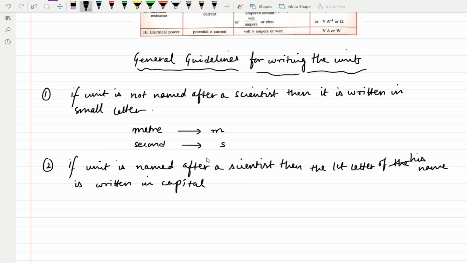Take the example of Newton. If Newton is a unit, you will write it as capital N because it begins with N. Similarly, Joule is named after a scientist, so you'll write it as capital J. Pascal is another example, so if you have Pascal as the unit, you will write it as capital P, small a.